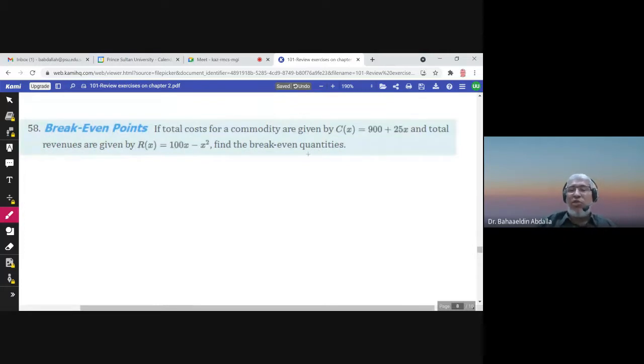Here the total cost is linear. The total revenue is quadratic. Find the break-even quantities. The break-even is when C equals R. So when 900 plus 25x equals the revenue function.